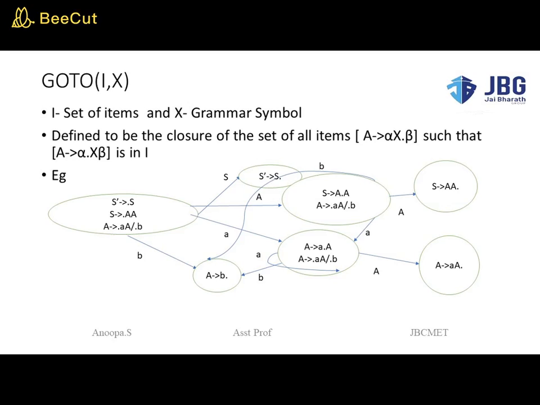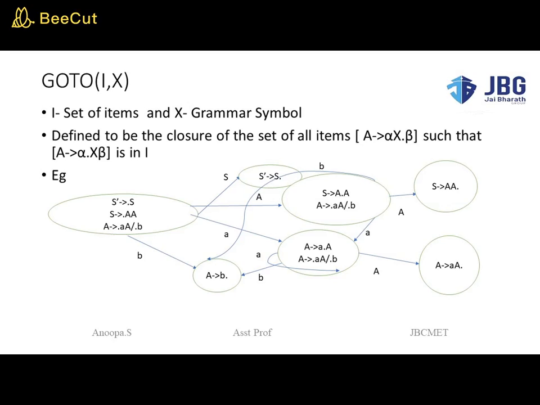Now when we take the second production and move small a one position to the right, we will get the same production as we have written down, so I have marked it towards that set. Similarly for the next set, in the case of A giving b, the dot operator, we will get A giving b. So that is why there is an arrow moving from that state to the state.